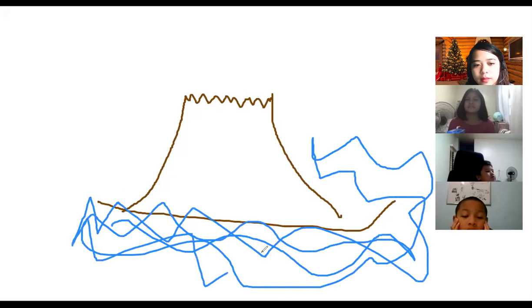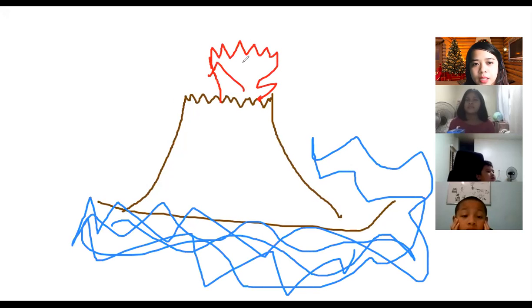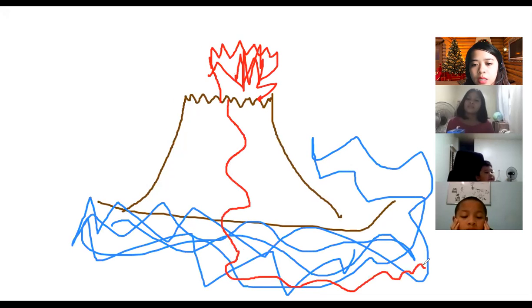What will happen is when the volcano erupts, boom, there's fire. This is the lava. The lava will go down the volcano and reach the ocean or the sea.